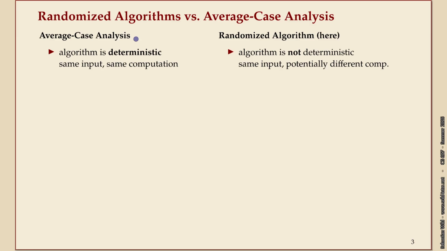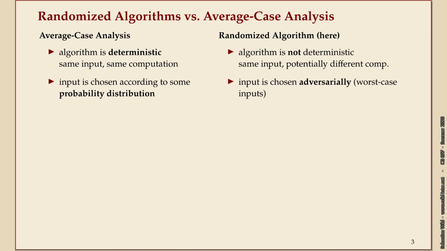Average case analysis can talk about deterministic or randomized algorithms, but let's suppose the algorithm is deterministic. So the same input leads to the same computation. I can still ask what happens for an average input. In randomized algorithms, the algorithm itself is not deterministic. It involves randomness and it generates the randomness. So even on the same input, it does different computational steps.